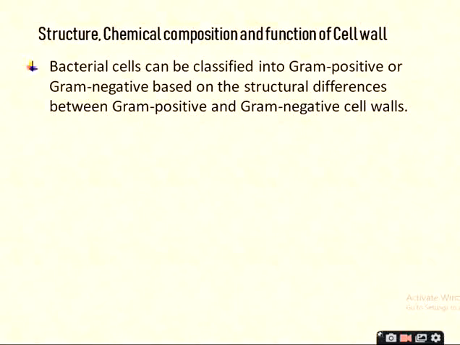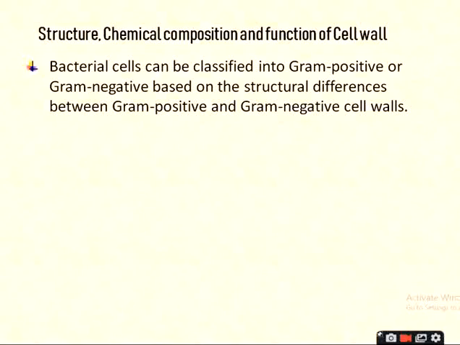Christian Gram was the scientist who developed the technique of gram staining, and based upon gram staining, the whole population of bacteria is classified into two groups, gram positive and gram negative. Gram positive bacteria are stained violet, and gram negative bacteria are stained pink.